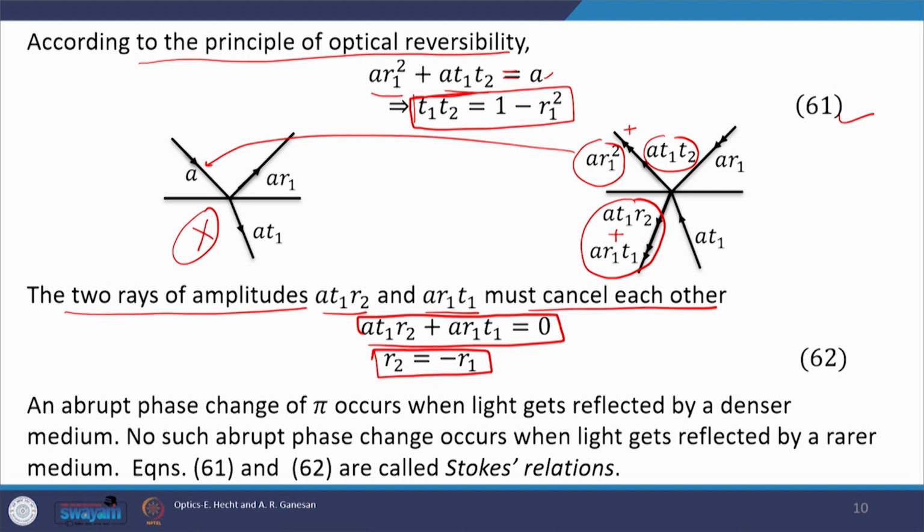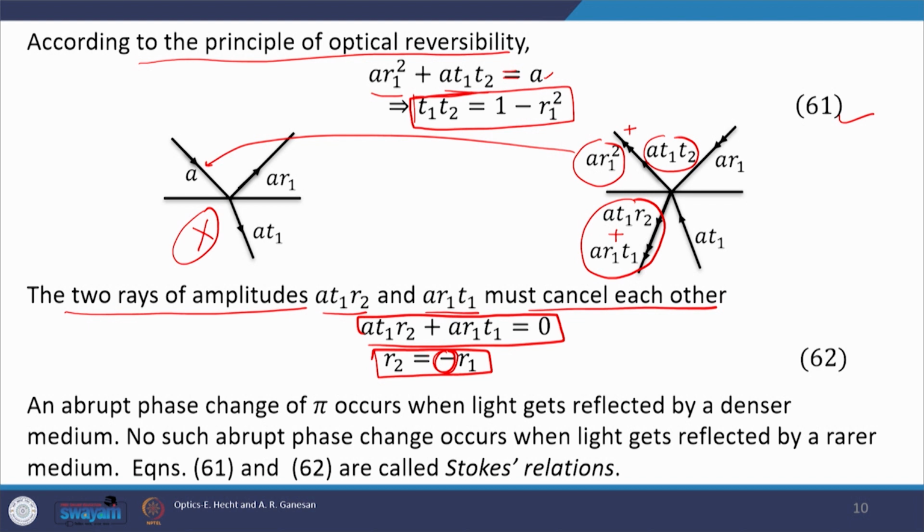The same ray is made incident from medium 1 to 2 and medium 2 to 1. Then in these two reflection coefficients, apart from the usual difference of magnitude, there would be a phase difference of pi, which is represented by the minus sign here.